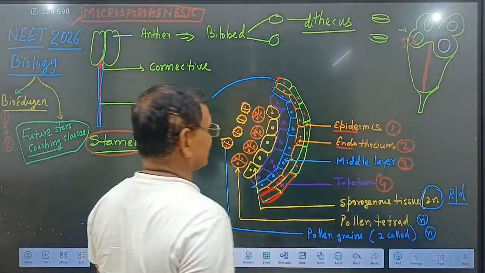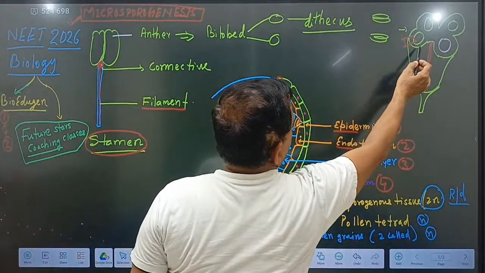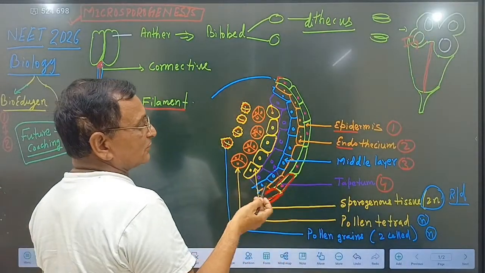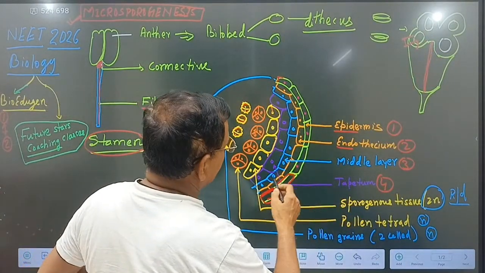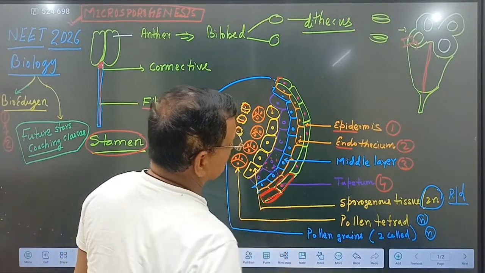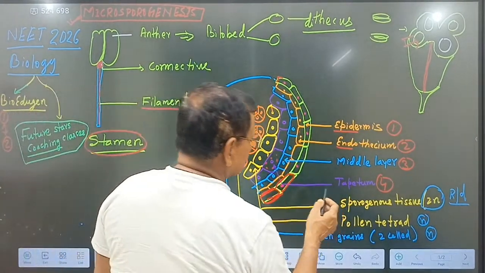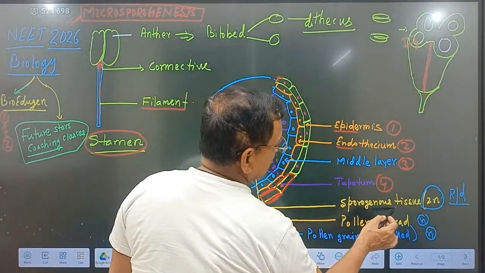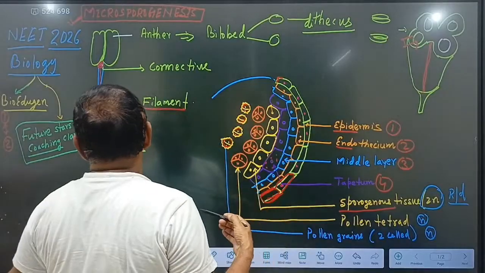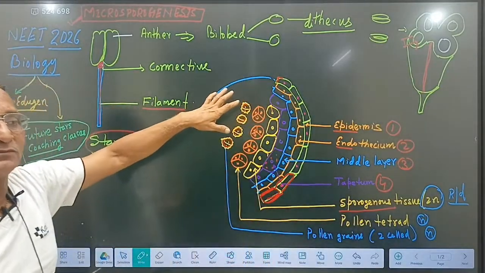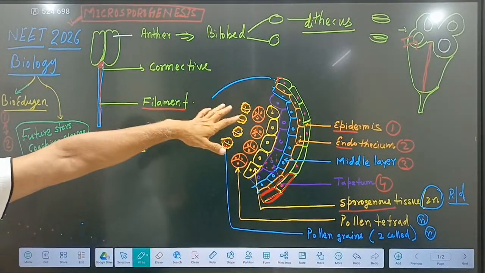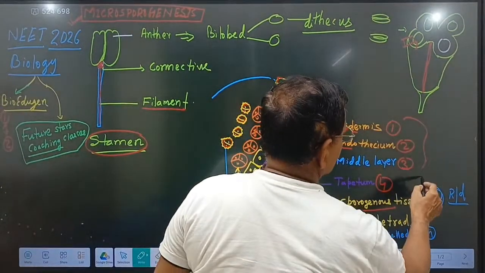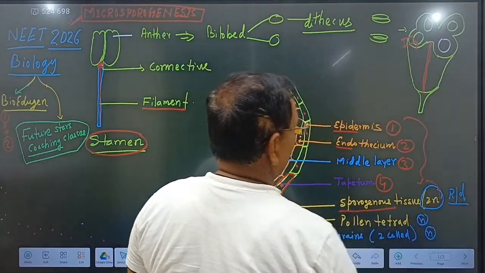The tapetum serves a nutritive function. Then below the tapetum there is the sporogenous tissue. All are diploid, since they are grown from the seed, which is diploid after fertilization. So all are diploid, having 2n chromosomes.